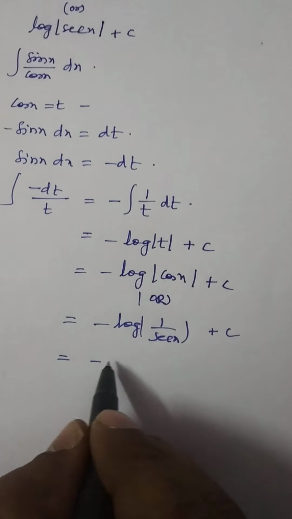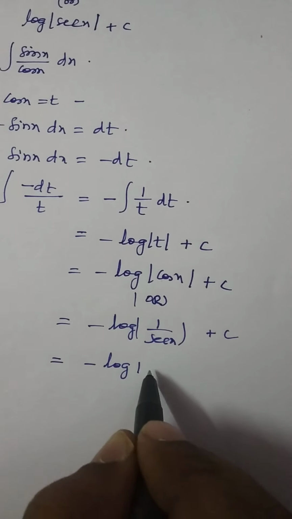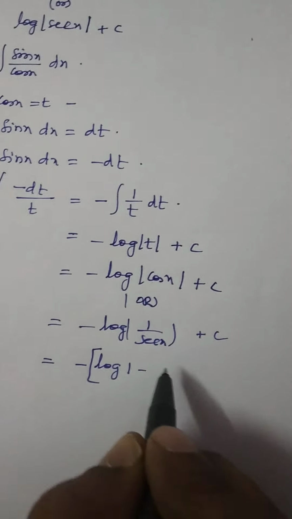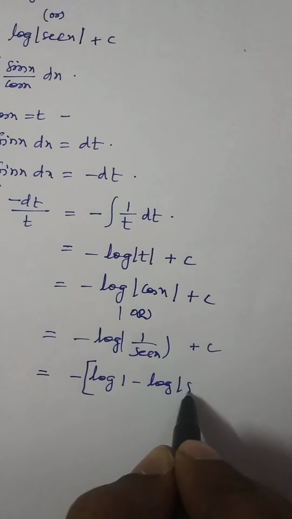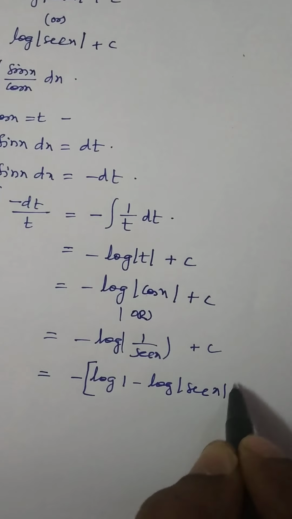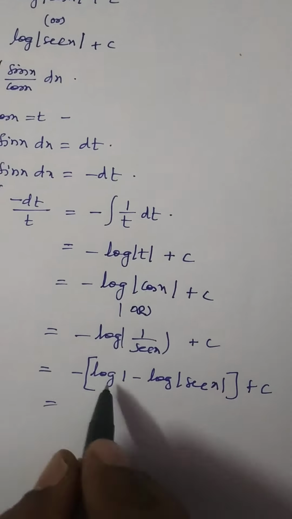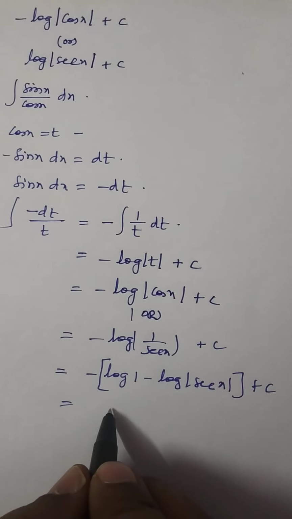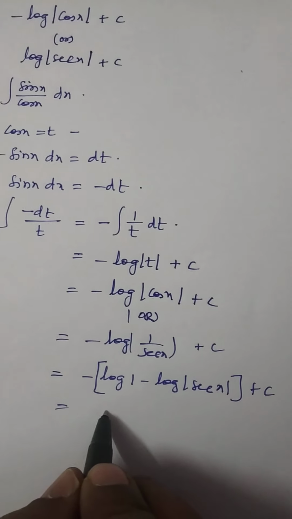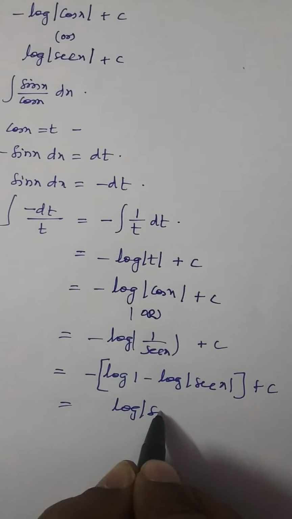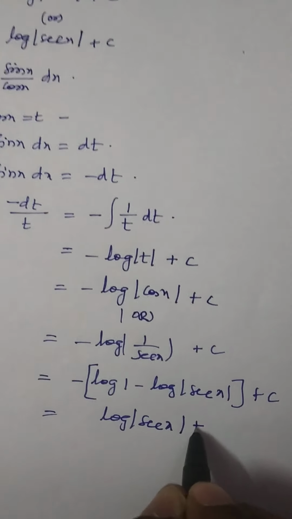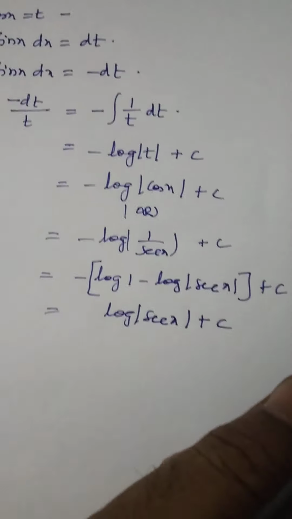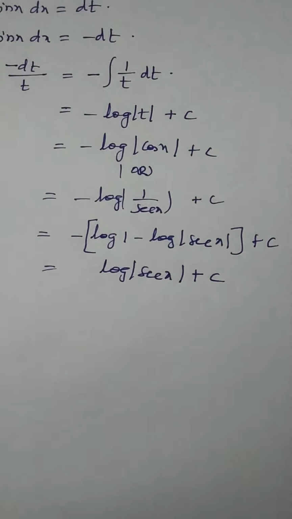So this is equal to minus of log 1 minus log of secant x plus c. We know that log 1 is 0, so minus of minus is plus, so log of secant x plus c also we can write. So either this or that. Okay, next coming to the second result.